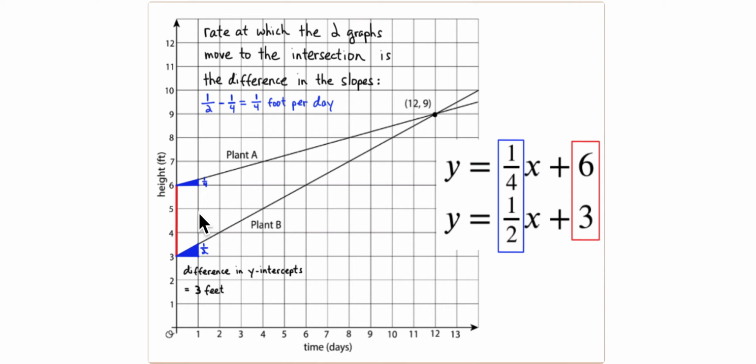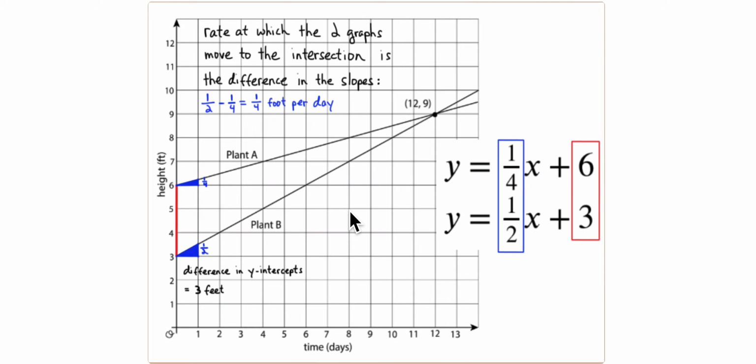So the net gain, how much this gap closes each day, is the difference between 1/2 of a foot each day and 1/4 of a foot each day. So this gets closer by 1/2 of a foot, this gets farther away by 1/4 of a foot. So the rate at which the two graphs move to the intersection is the difference in these two slopes. And it turns out that that is 1/4 of a foot each day.